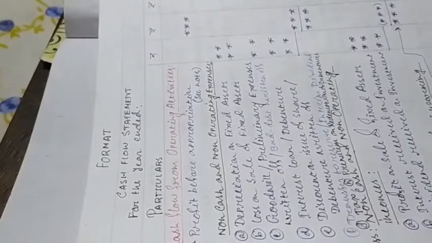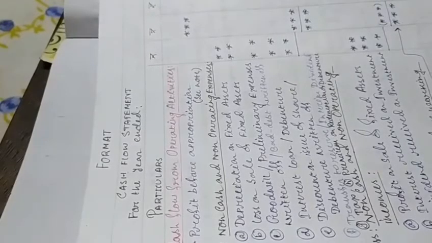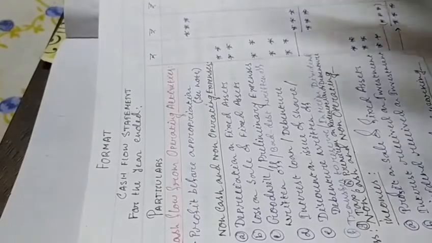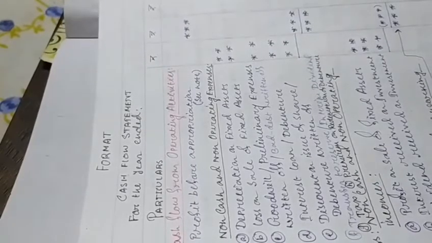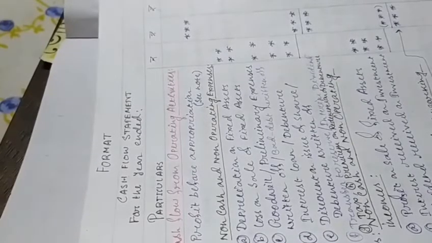Interest on loan and interest on debenture. And discount on issue of share and debenture written off. These are the examples. After practicing the format, you will easily understand and identify whatever relates to non-cash and non-operating expenses.